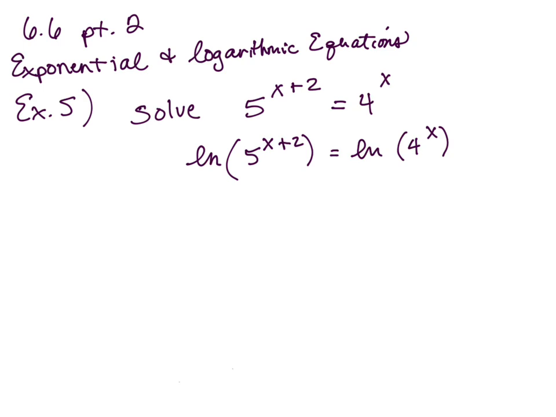So far, so good? Now, this still didn't solve my problem of getting those exponents down. I need them on the base level with everything else so that I can solve. But if you'll remember the power property of logarithms, what does the power property say?